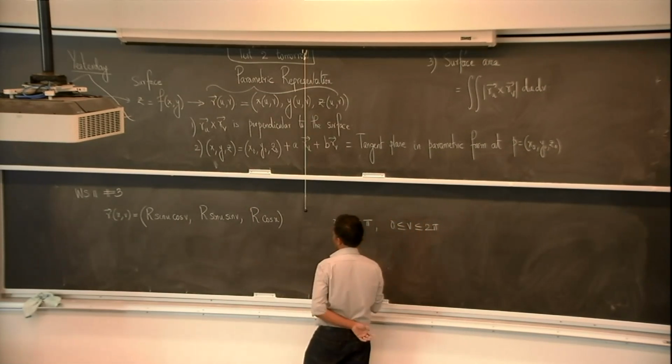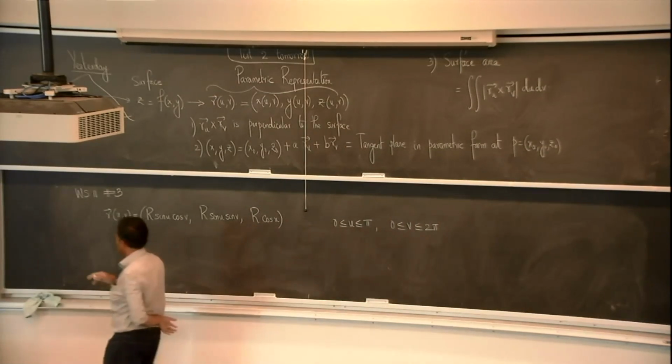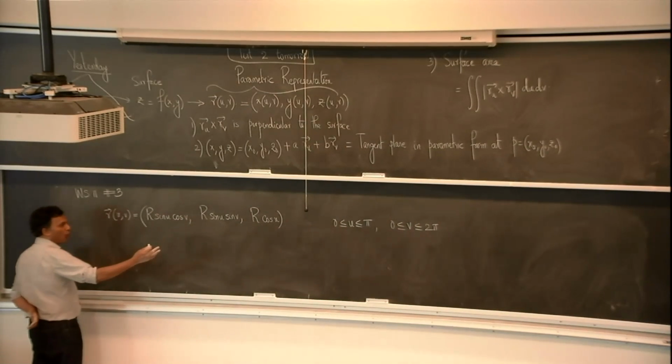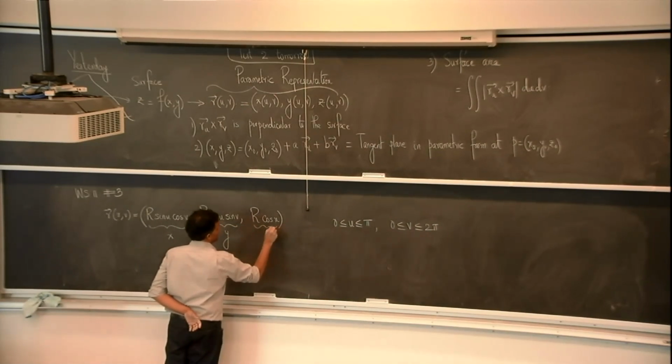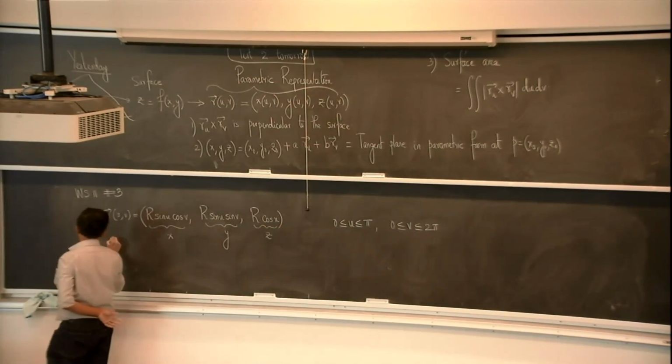The question is to find the area of the surface parameterized by this particular form. So this is your x, this is your y, this is your z. Find the surface area.